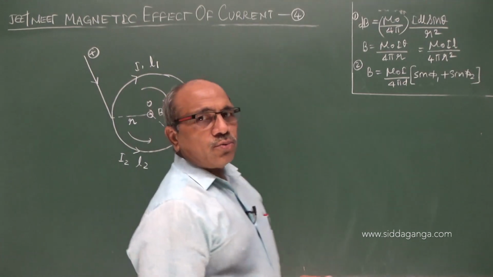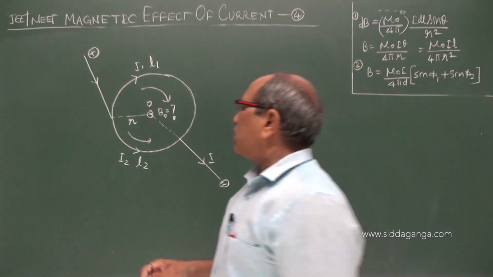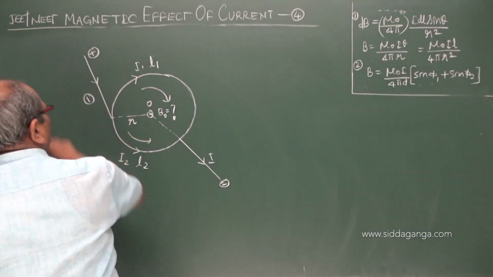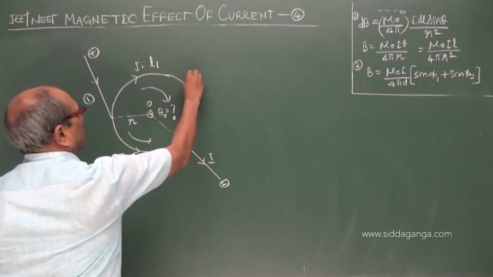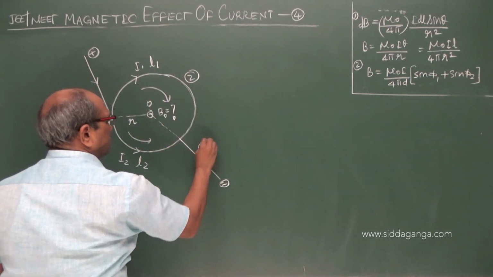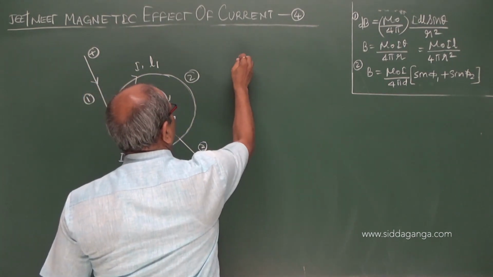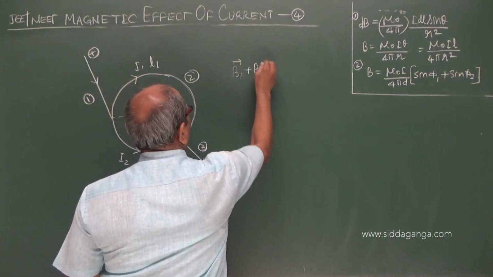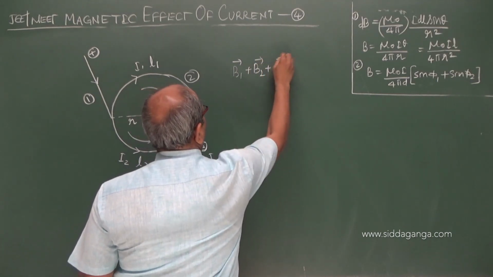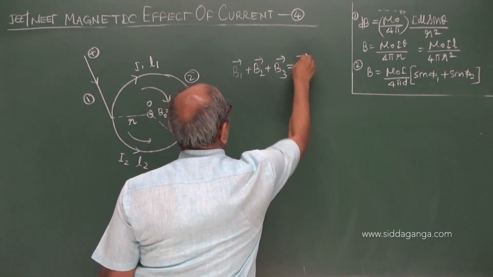So when you look into that problem, there are three different parts: one, this circle entirely is 2, and this is 3. Magnetic field vectorially can be added, B1 plus B2 plus B3 is equal to B0.